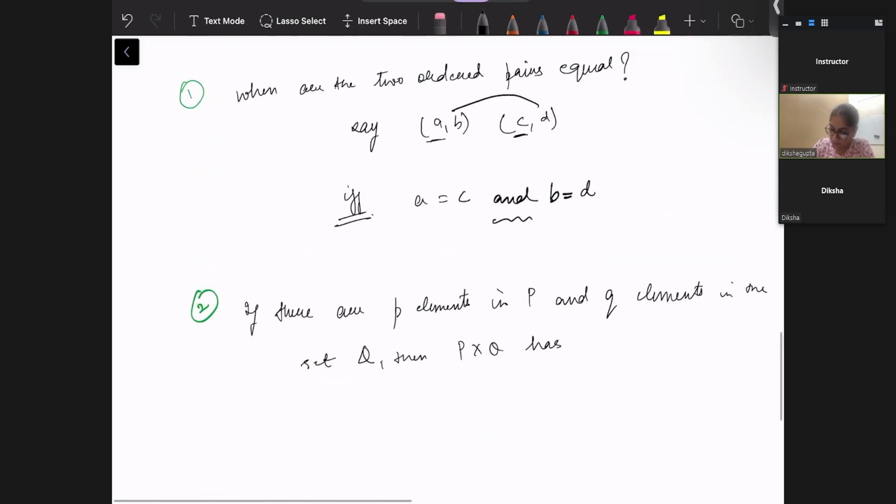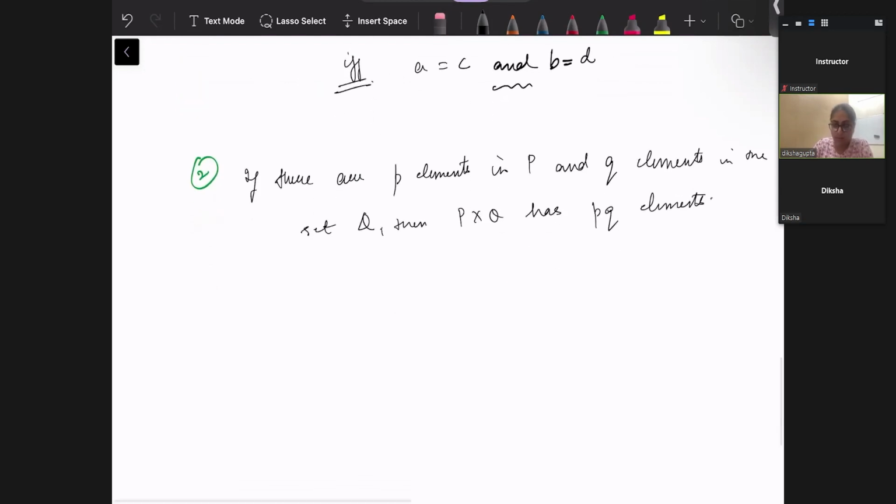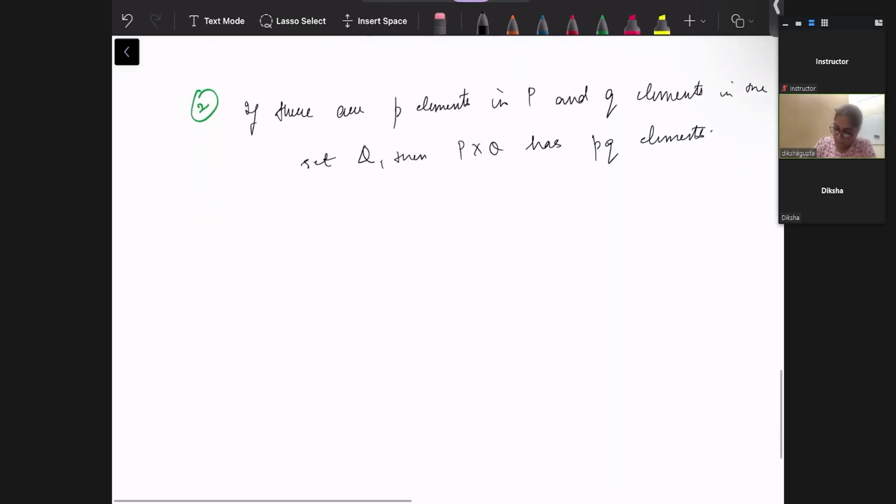The number of elements in a set, if they are finite, is called the cardinality.